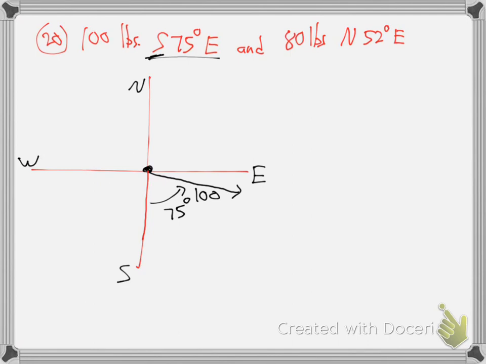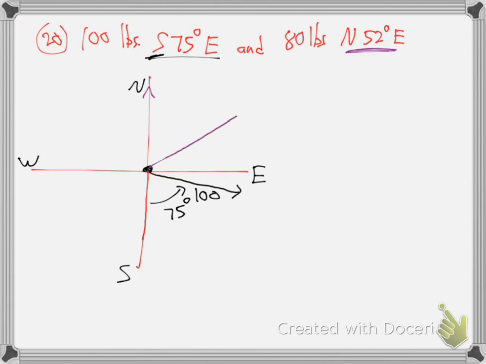Okay, what's the other one? The other one is north 52 east. Can you do that one real quick? So north, that's straight up, but not straight up, 52 to the east of that.